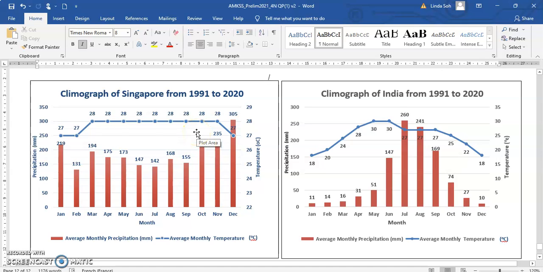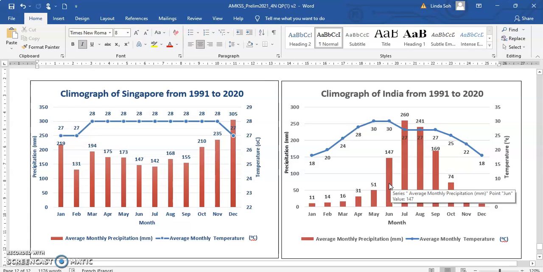Why is that so? Because Singapore has the tropical equatorial climate, and India has the tropical monsoon climate. Why is it a monsoon climate? Although it has high total annual precipitation, it has distinct wet and dry seasons.